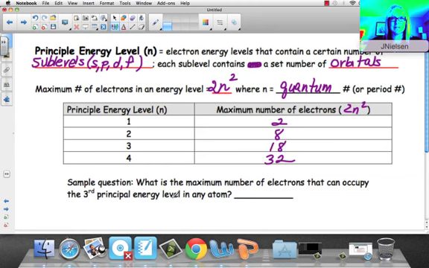Sample question, what's the maximum number of electrons that can occupy the third principal energy level? So you've got 2 times 3 squared. So of course that's going to be 18. 3 squared is 9, times 2 is 18.